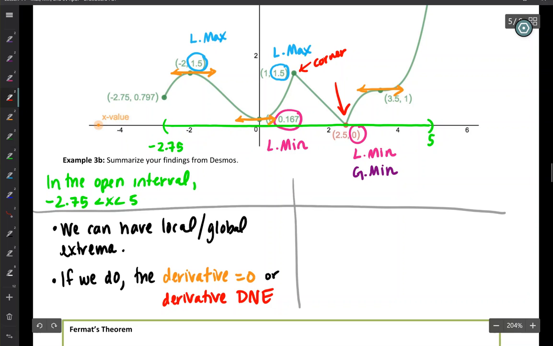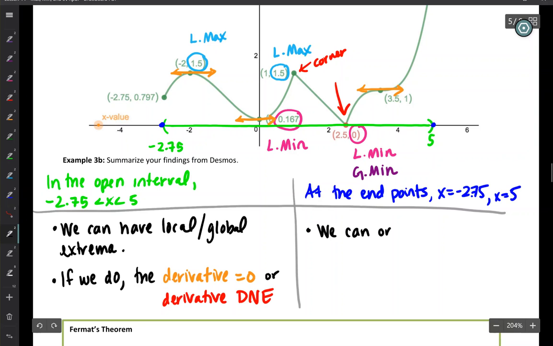On the endpoints, so what do we mean? X is minus 2.75 or X is 5.